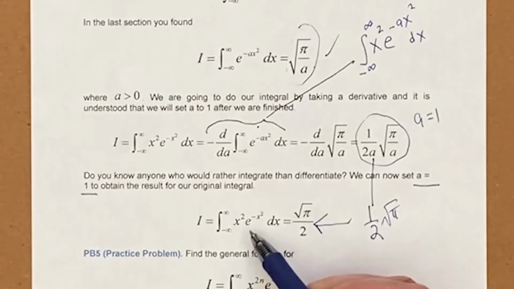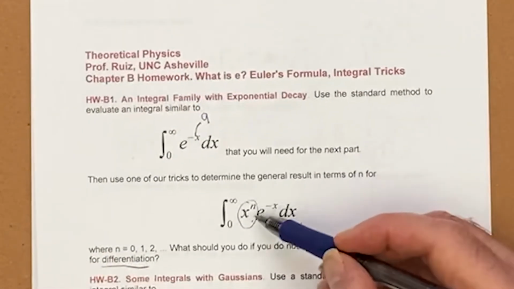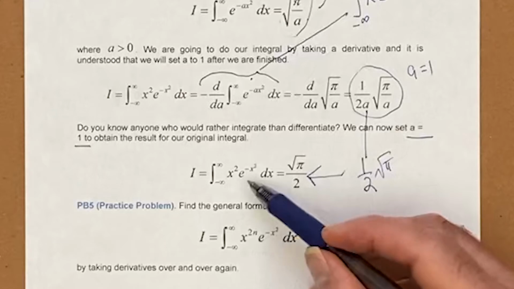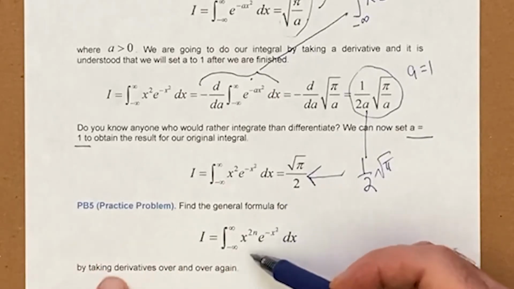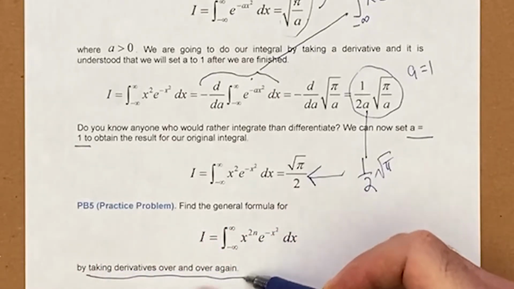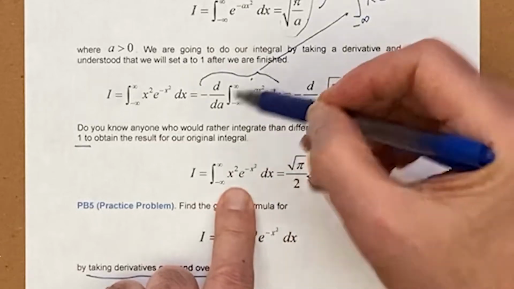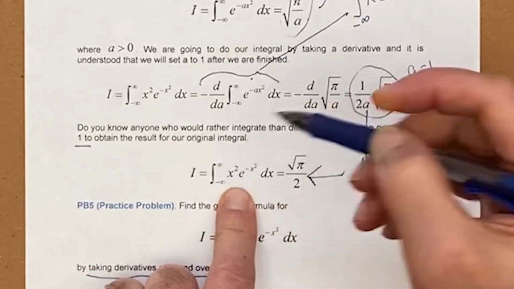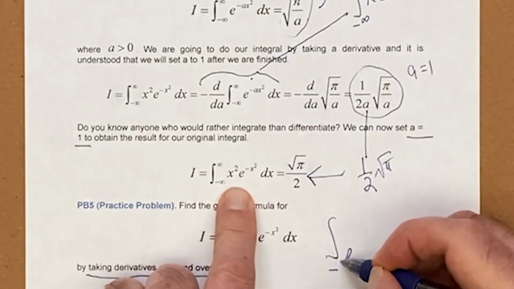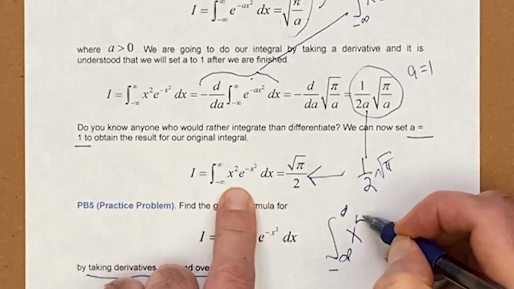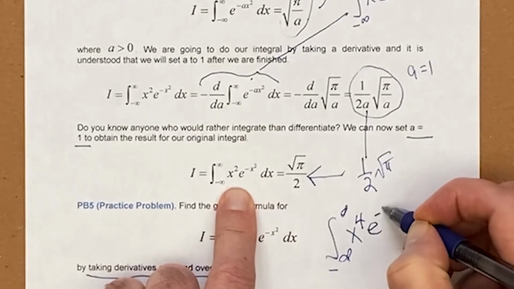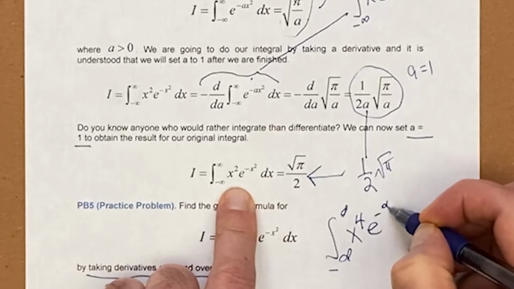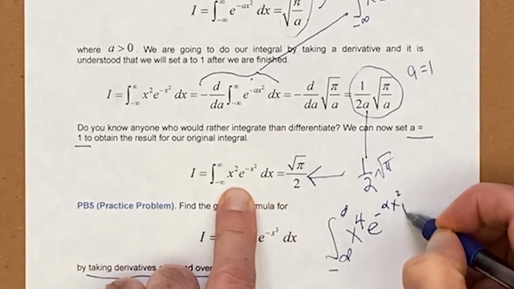Now, what you want to start with is actually x to the n. But look at this practice problem hint. Take derivatives over and over again. In other words, if you did the same thing again, you pull down an x squared again, then you're going to be able to do x to the 4th. And here you'd want your alpha in there.